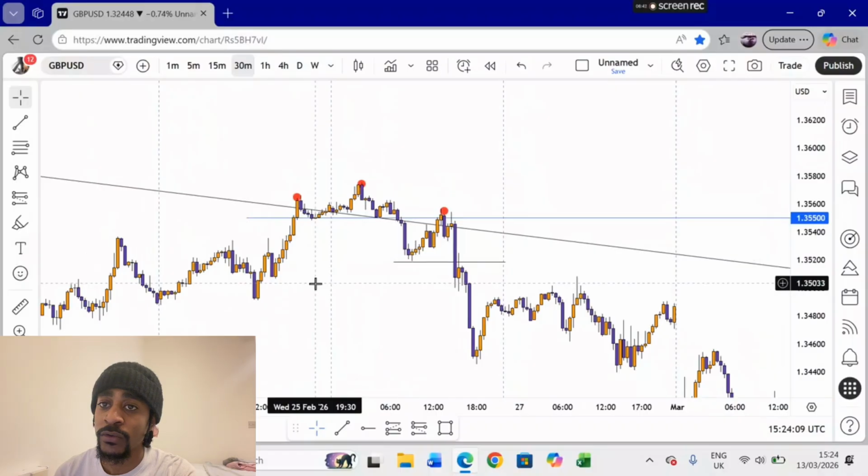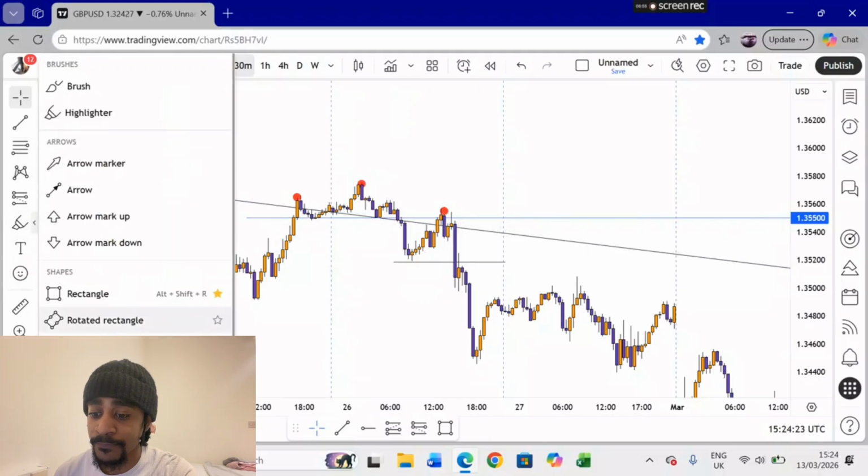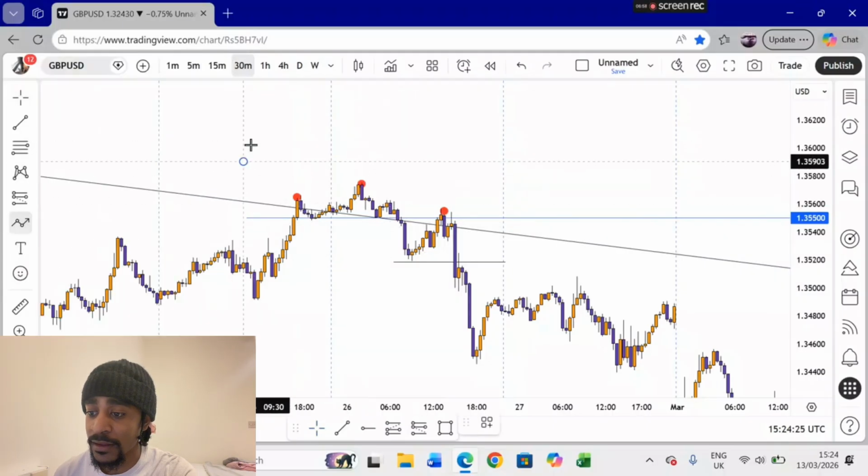Now, one thing I do want to talk about is what this is called as well. This isn't just called the head and shoulders. It's also called a 3-peak formation or triple top. So the double top, which is the M pattern, looks like this.